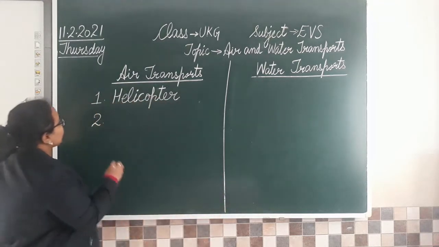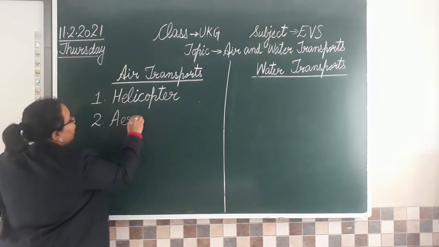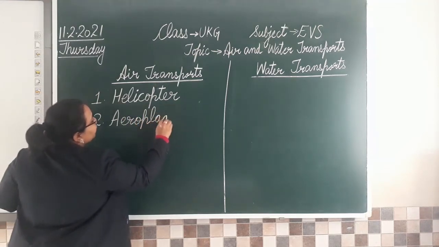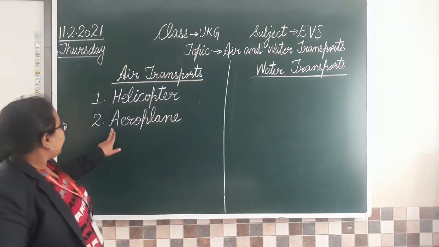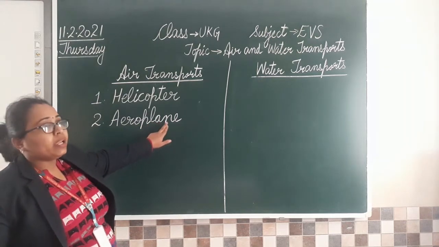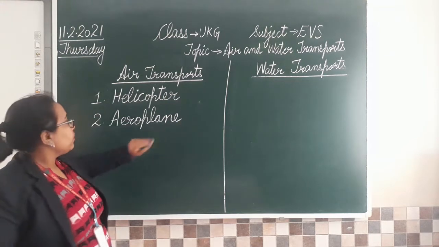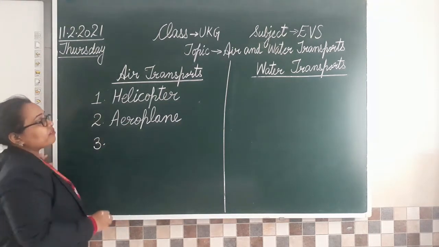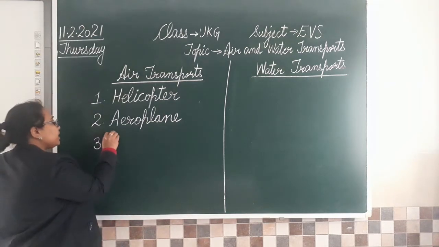So how are we going to write it? Aeroplane. Clear? Now after aeroplane, the next one we have is rocket.